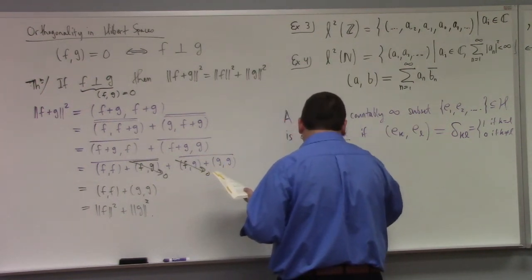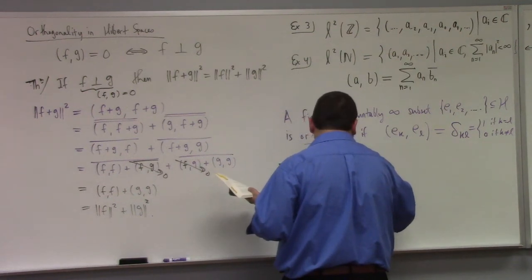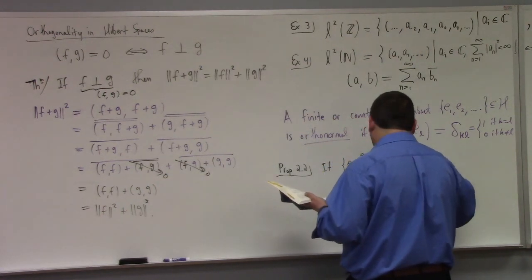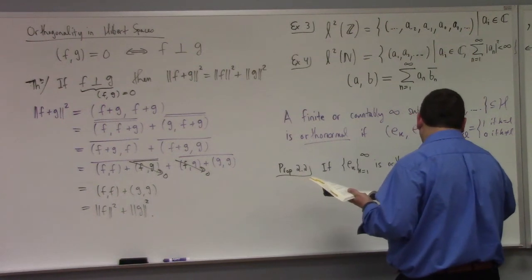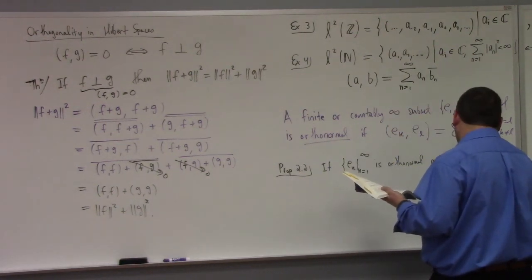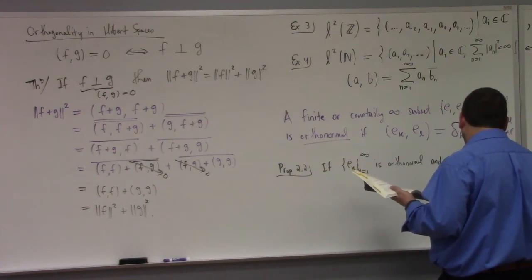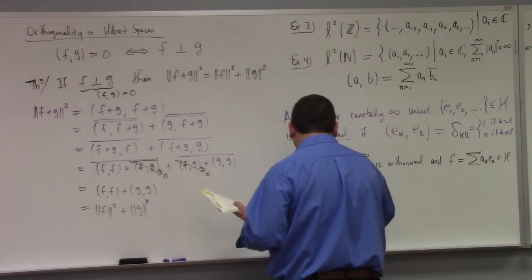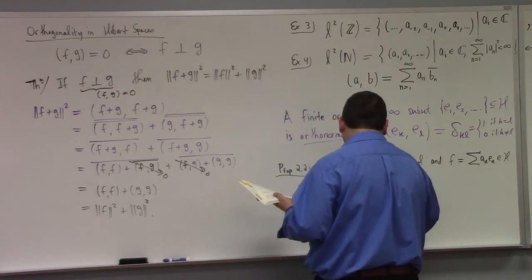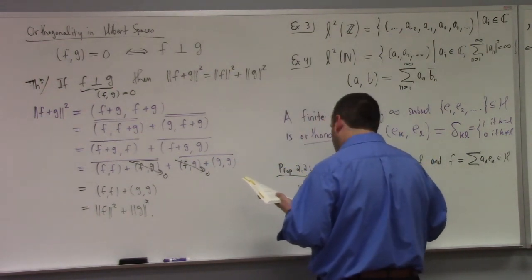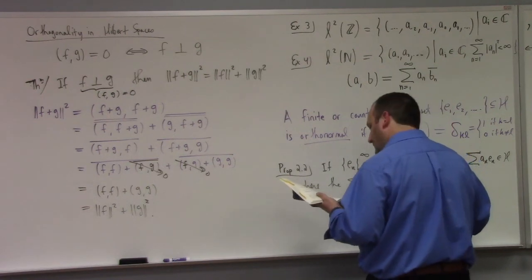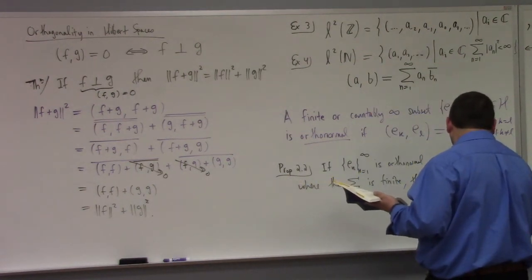If we have EK, K equals 1 to infinity, orthonormal, and F equals the sum of AK EK in H, where the sum is finite, then the norm of F squared is simply the sum of the coefficients squared.